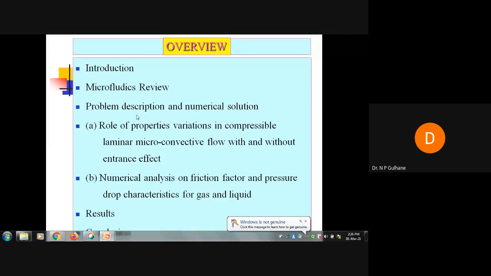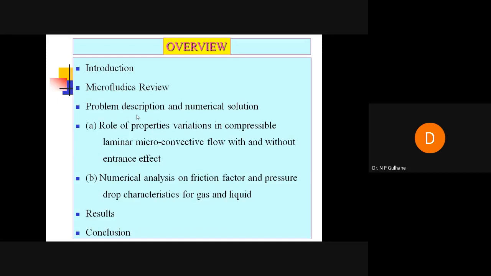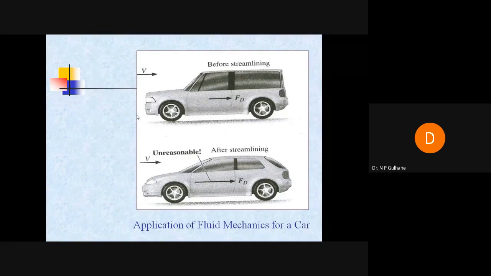So you see, if we are talking about computational fluid dynamics, how it impacts society and industrial problems, you can see a simple example of this car. A few years before, this car had a very traditional shape, Premier, Padmini, and all types of automobiles.